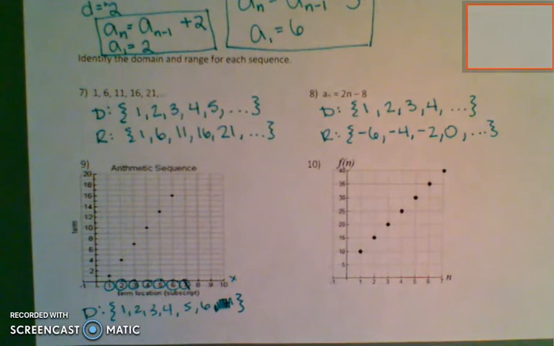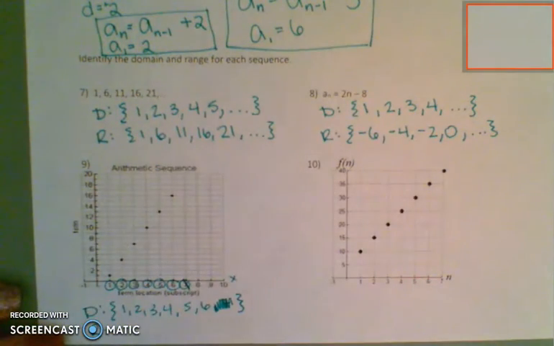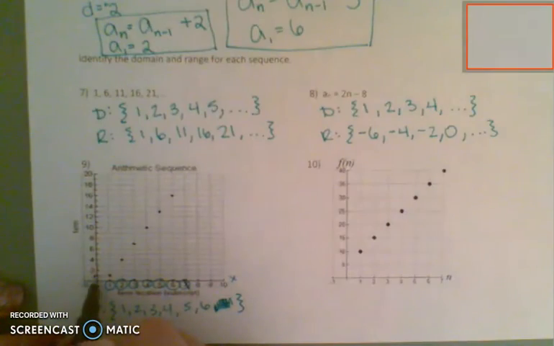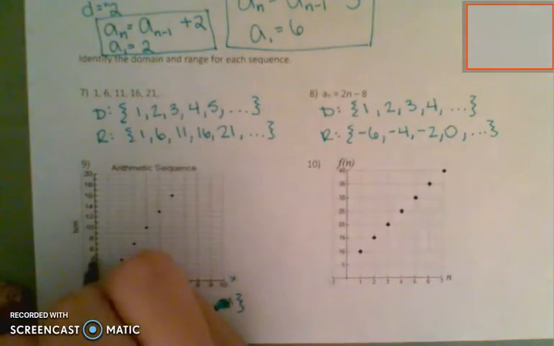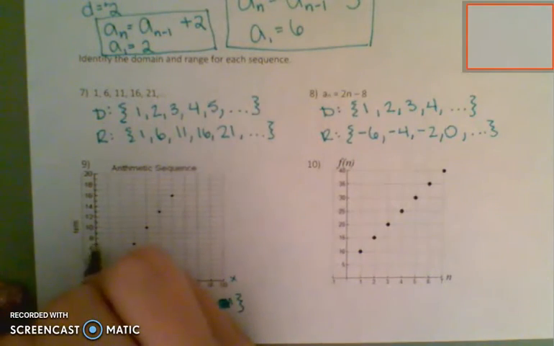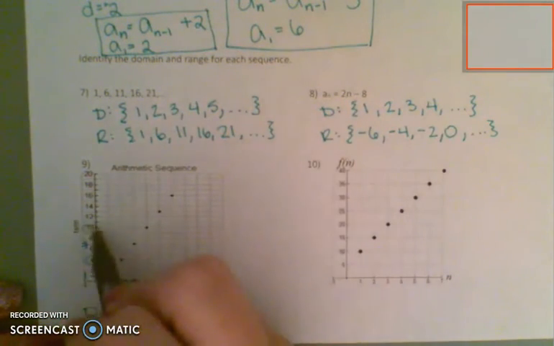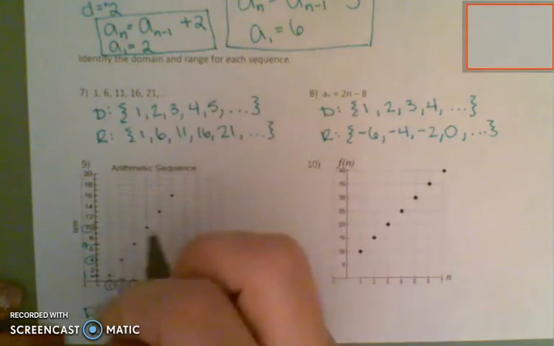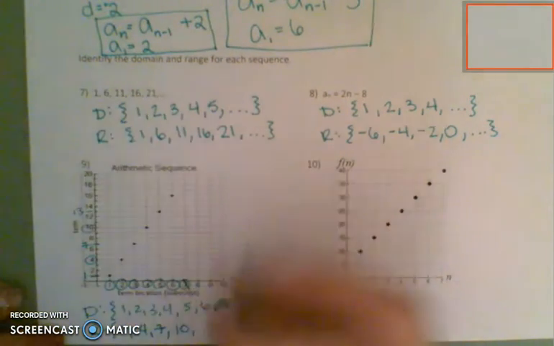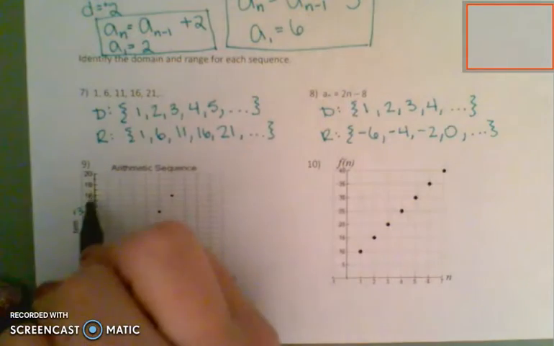Those are my domain. The range are the numbers that go with it. So my range is, let's see, that's going to be a 1, then 4, then 7, then 10, then 13, and 16.